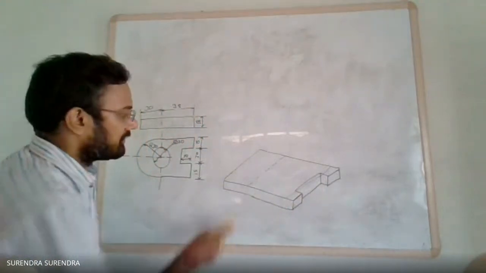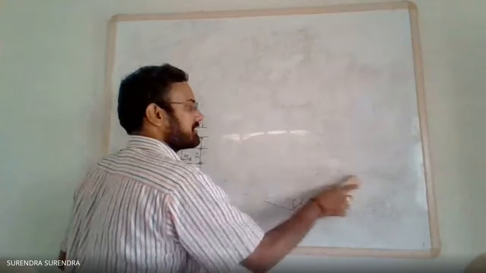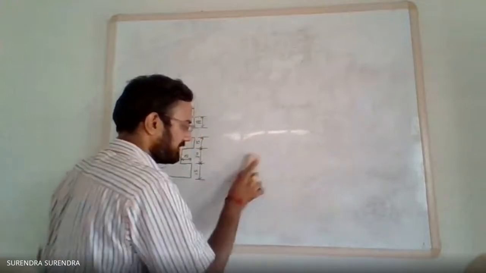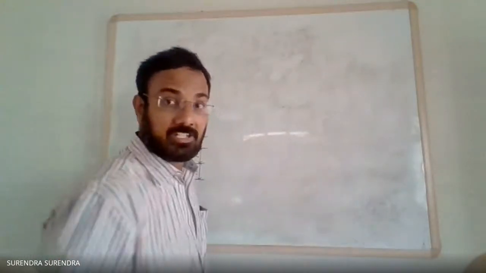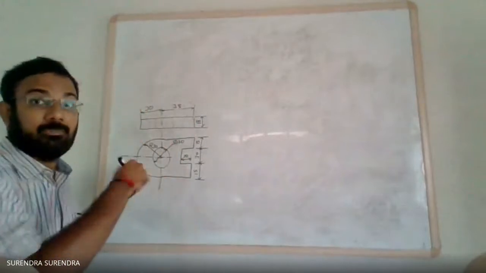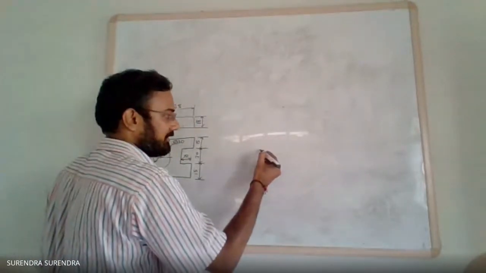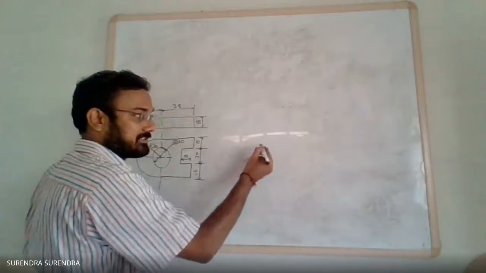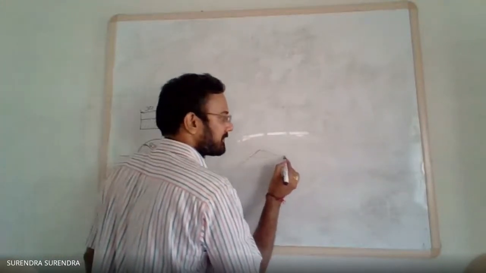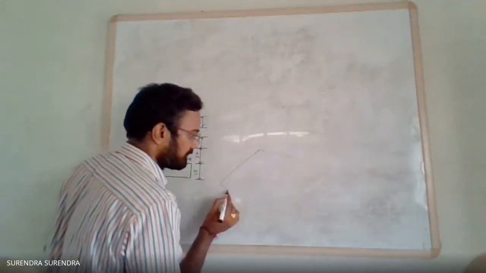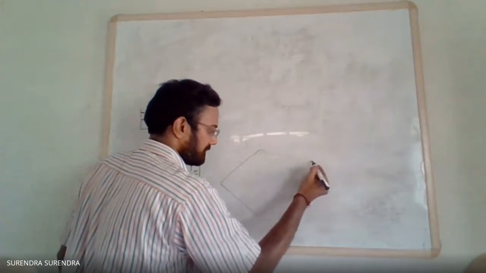Or better, let us start from the semicircle, so this problem will be easier to understand. Let us start this problem with the semicircle. So you can better complete it first. 30 mm, 30 mm, 30 mm.